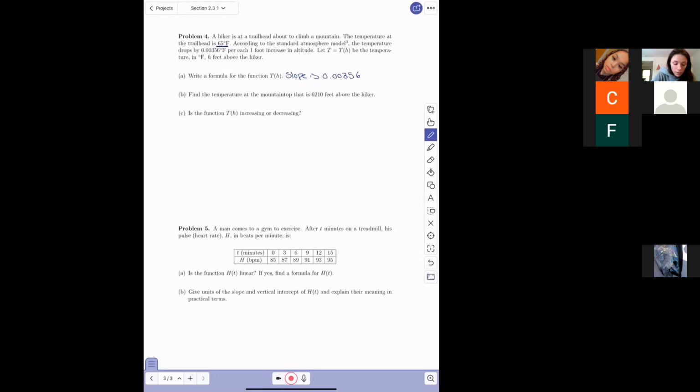So 65 degrees Fahrenheit is our vertical intercept, the point 0, 65. So now, T of H is equal to, in y equals mx plus b form, 0.00356 times H plus 65. Any questions there?